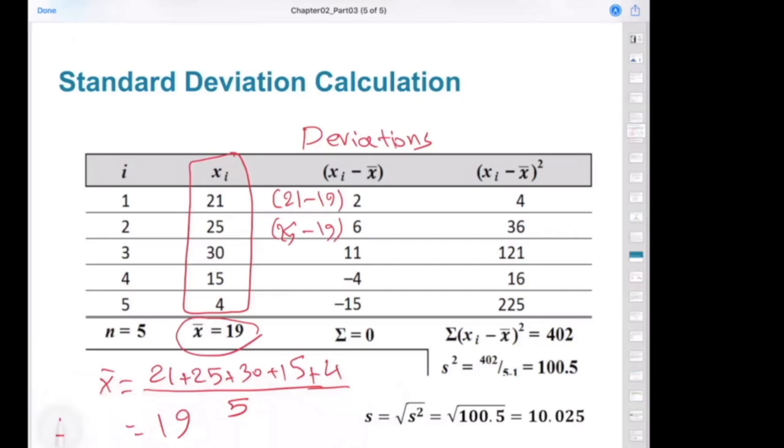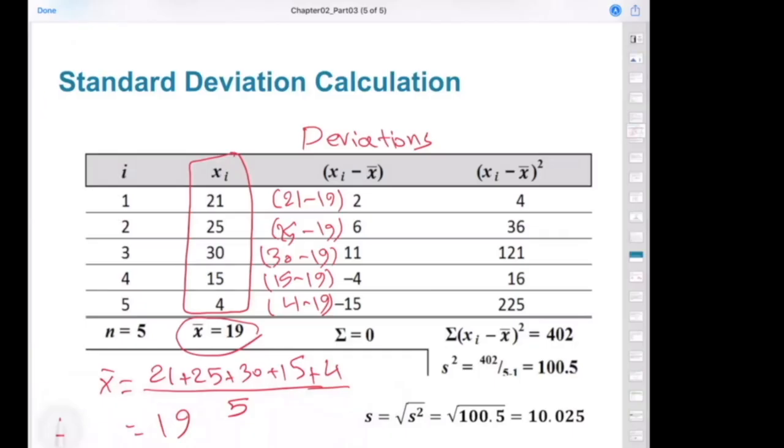The third deviation is 30 minus 19. And then 15 minus 19. Last one, 4 minus 19. Okay, so these are the deviations of our data, x minus x bar.